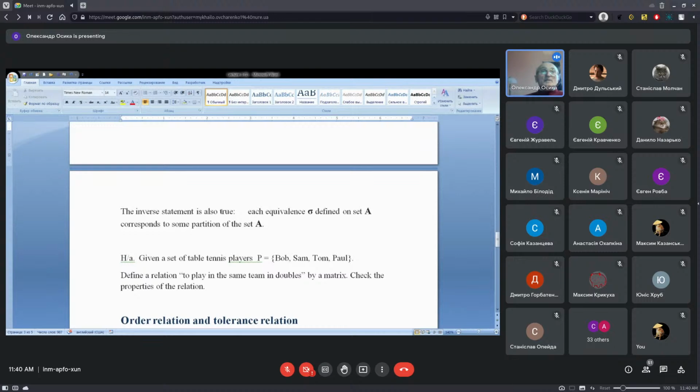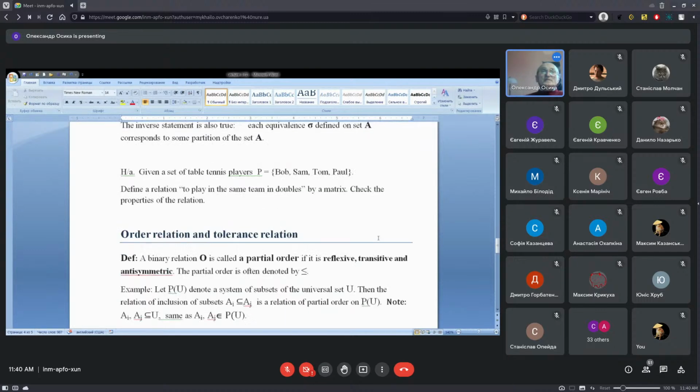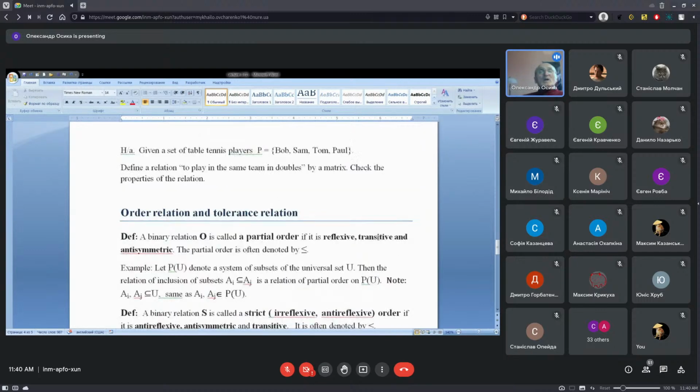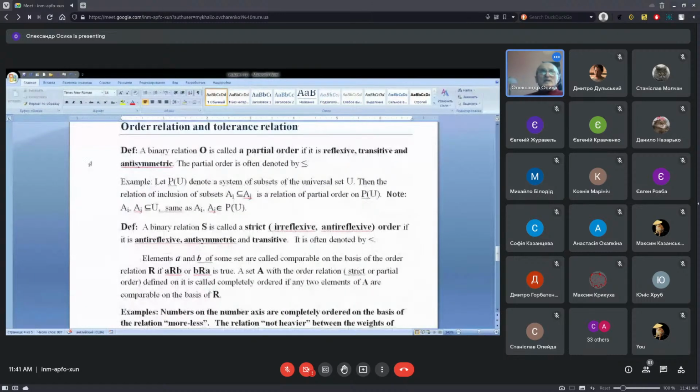And the inverse statement is also true. Each equivalence sigma defined on set A corresponds to some partition of the set A, to some system of classes. Okay, I believe we discussed it already, but I just wanted to remind you.